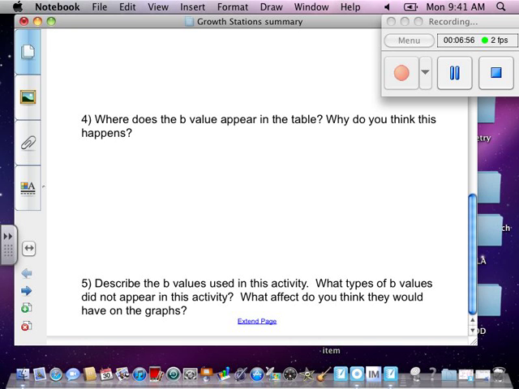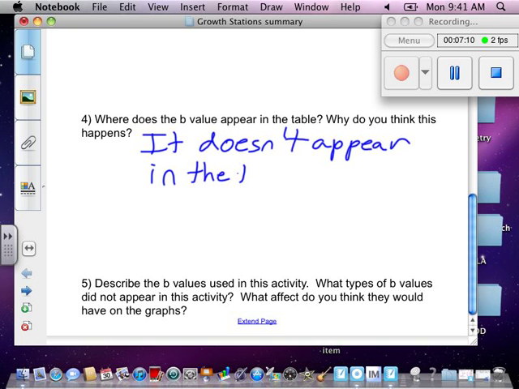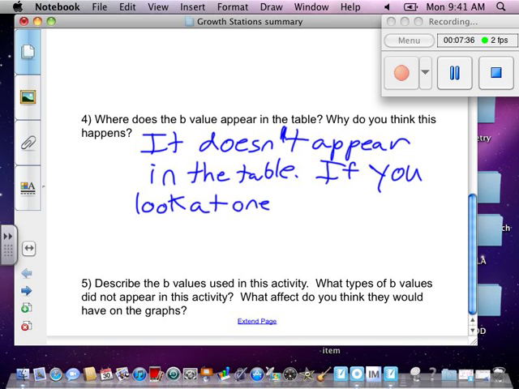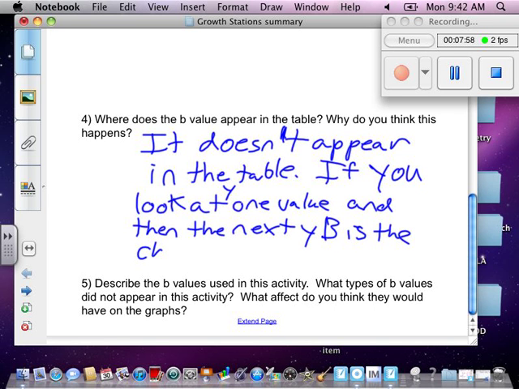No. So it doesn't appear in the table, except that the values change according to B. If you look at one Y value, and then the next Y value, B is the change between them.